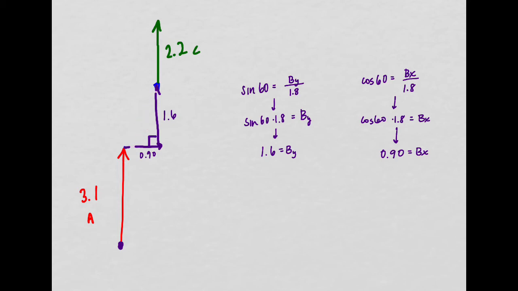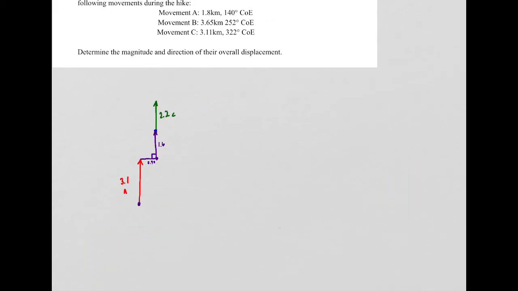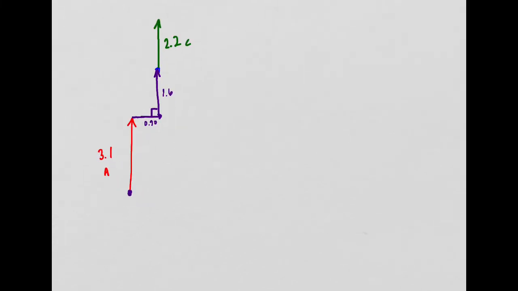So the next step here is to remember we're going to add all of our horizontal and all of our vertical components. Then we can solve for the overall displacement and the magnitude and the direction. All right, so we're going to put all of our vertical and all of our horizontal together.